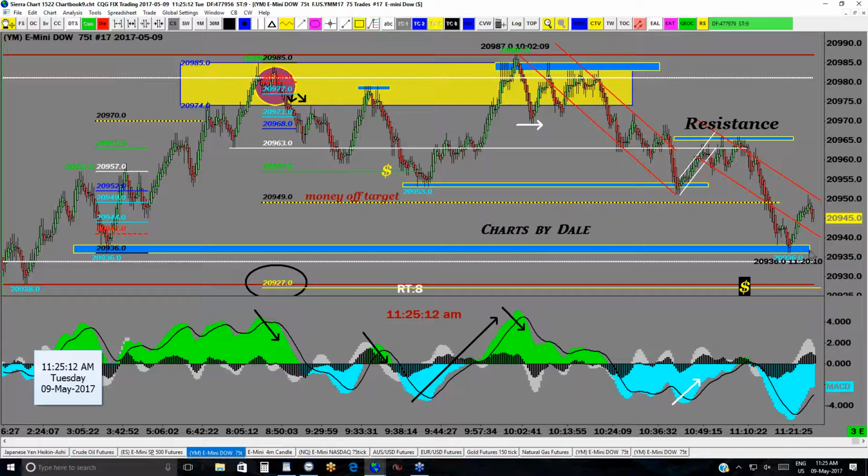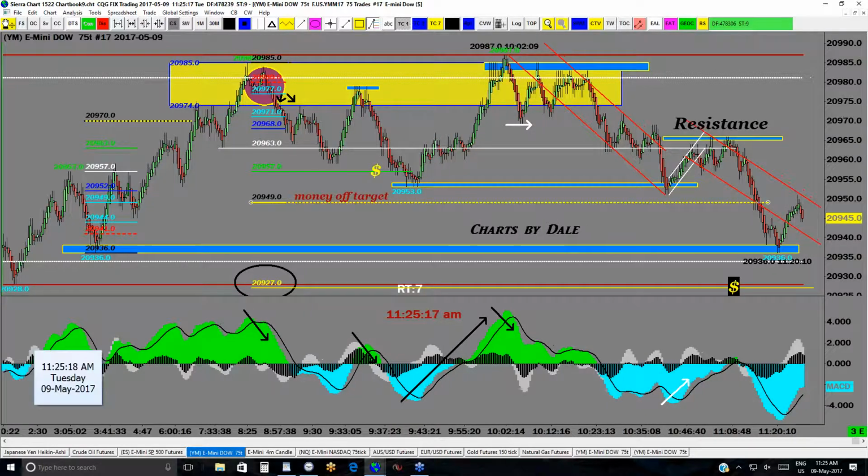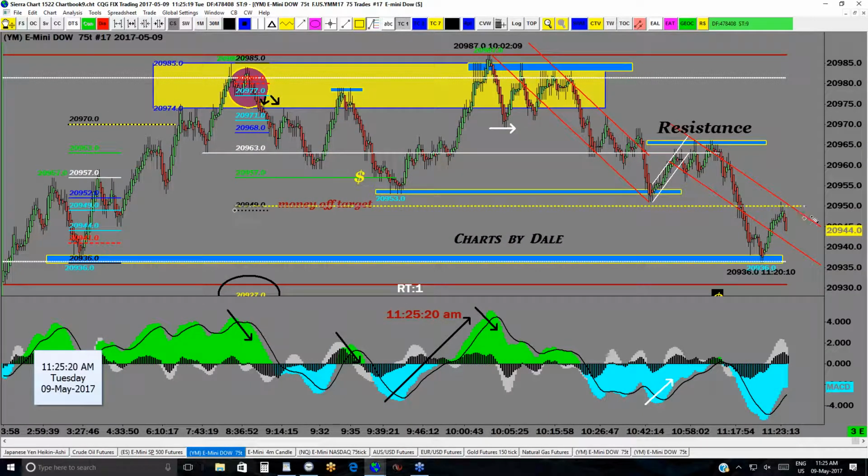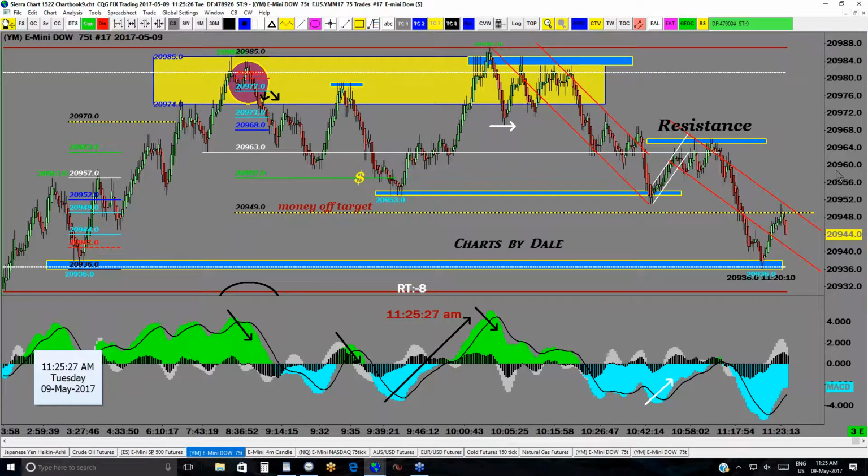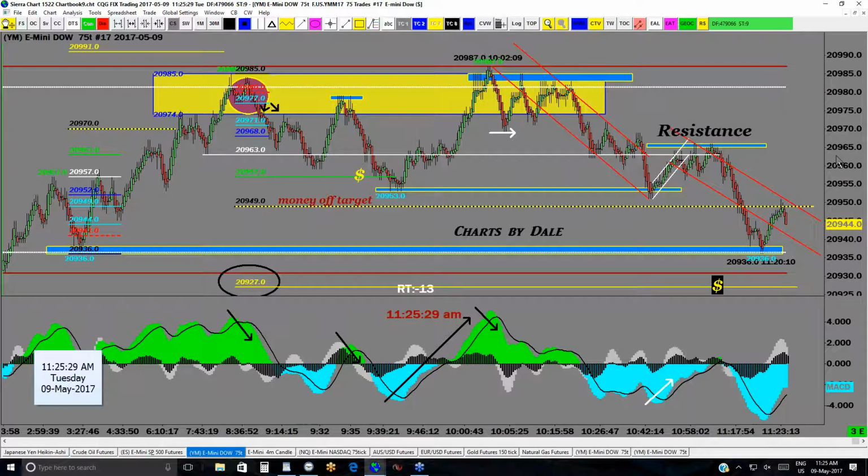So we'll see if the market can hold here as resistance and remove that support area. So if that's the case, we get our short exit target at 20927. Come back in a few moments.